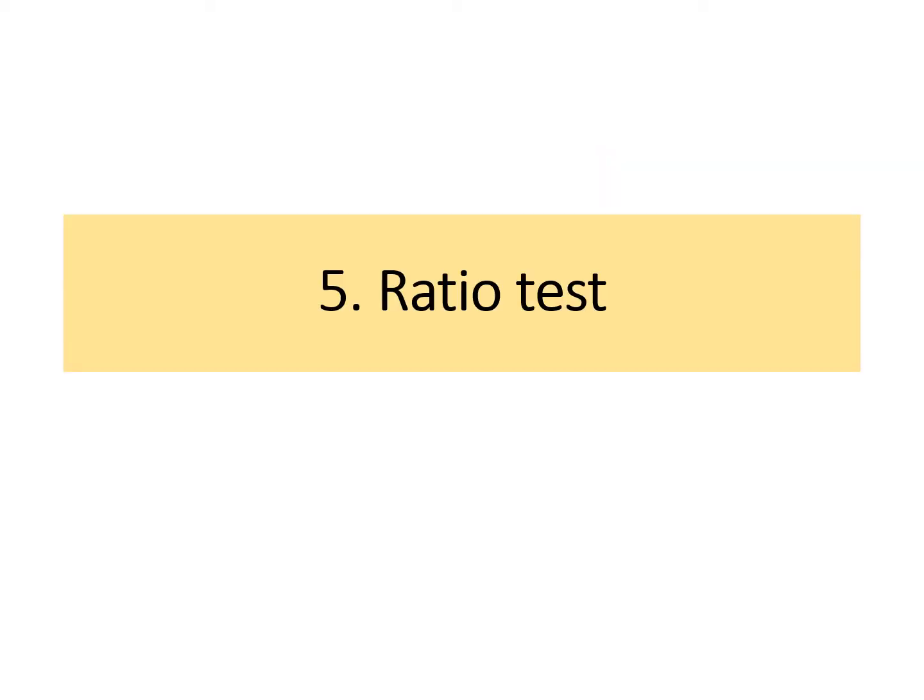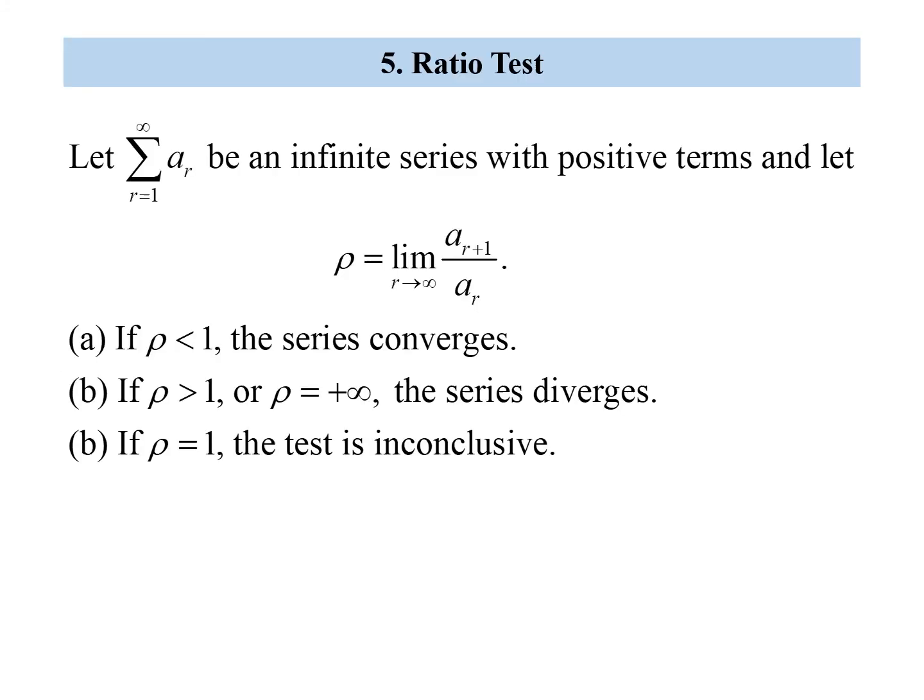Now we have come to the last test, which is the ratio test. For the ratio test, let the infinite series, r equals 1 to infinity, have positive terms, and let rho equal the limit of a_(r+1) over a_r as r approaches infinity. If rho is less than 1, we say that the series converges.